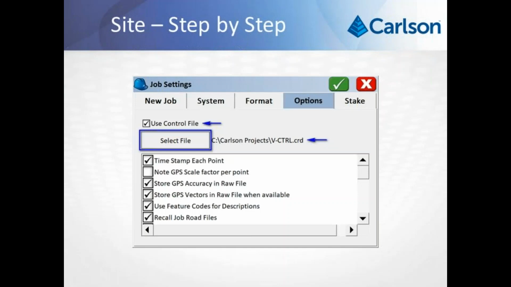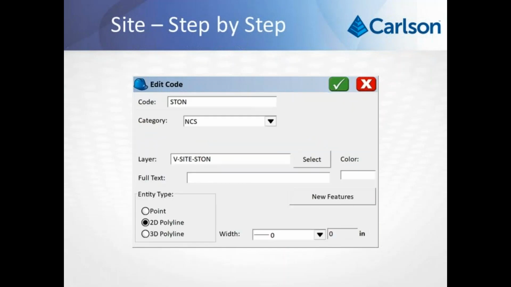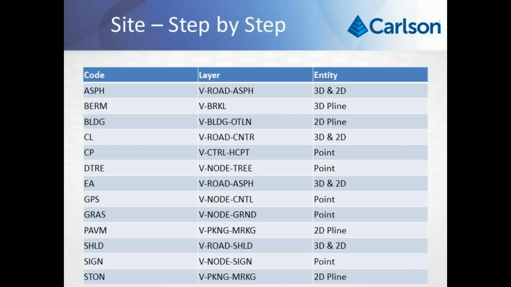And again, I used my control project and put in some brand new codes. In this case, one of the stone codes for the stone pavers, if you will. And I had these 2D polylines. And here's all the different codes that I used for my site project, and also the layers and the entity types for those.